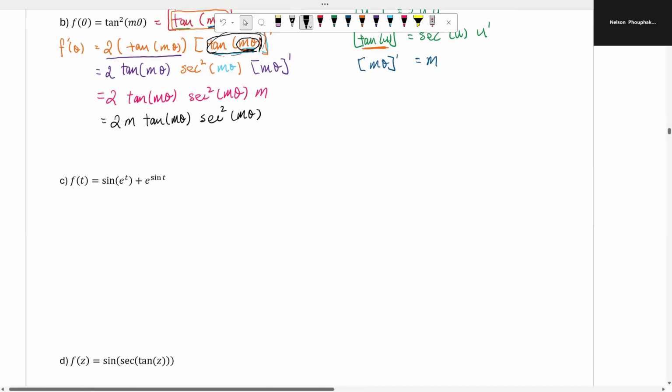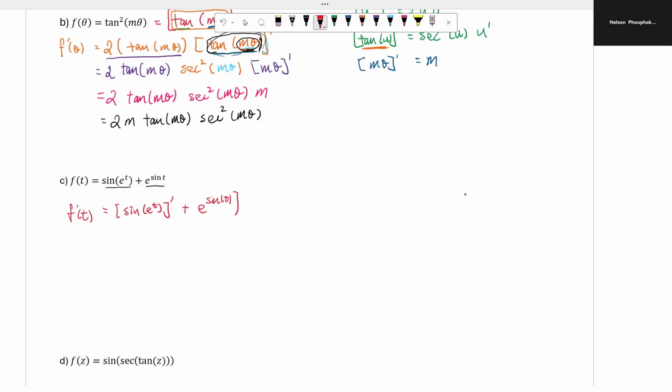Now, let us look at our next example. Again, in this one I have a sum. So if I have a summation, then f prime of t is the derivative of sine of e to the t plus the derivative of e to the sine of t.